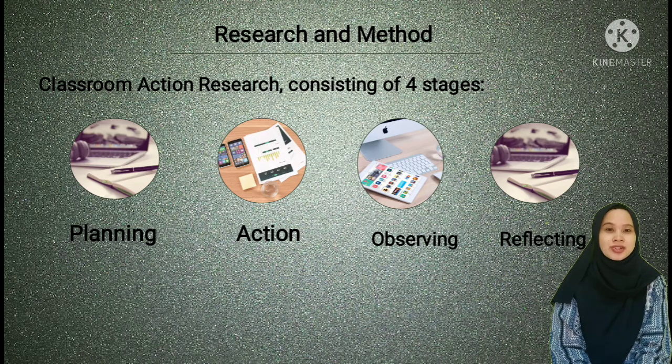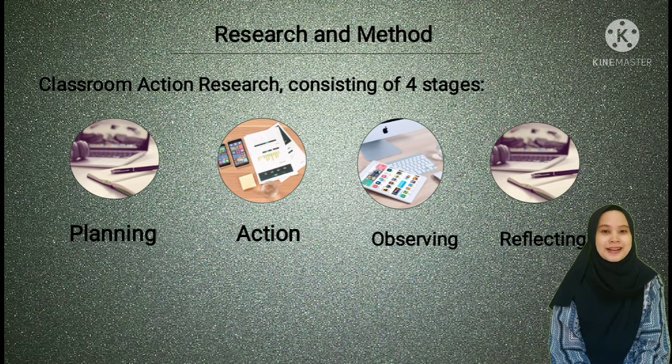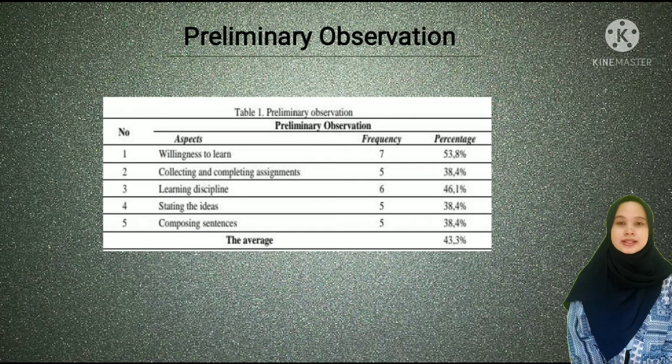The observation sheet is adjusted to the 5 aspects found during the teaching and learning process. The 5 aspects are student willingness to learn, student willingness to collect and complete assessment, student discipline during learning, student way to share ideas, and student competence to compose simple sentences. And then results and discussion.